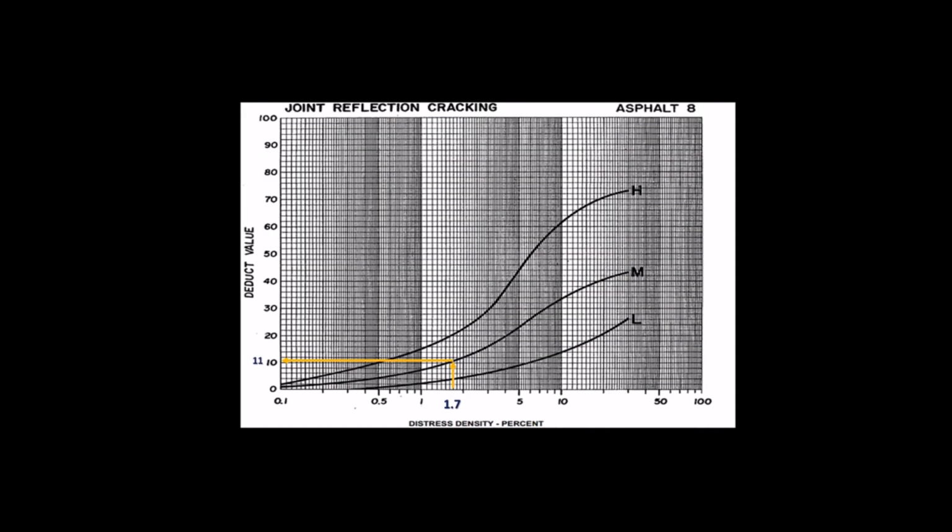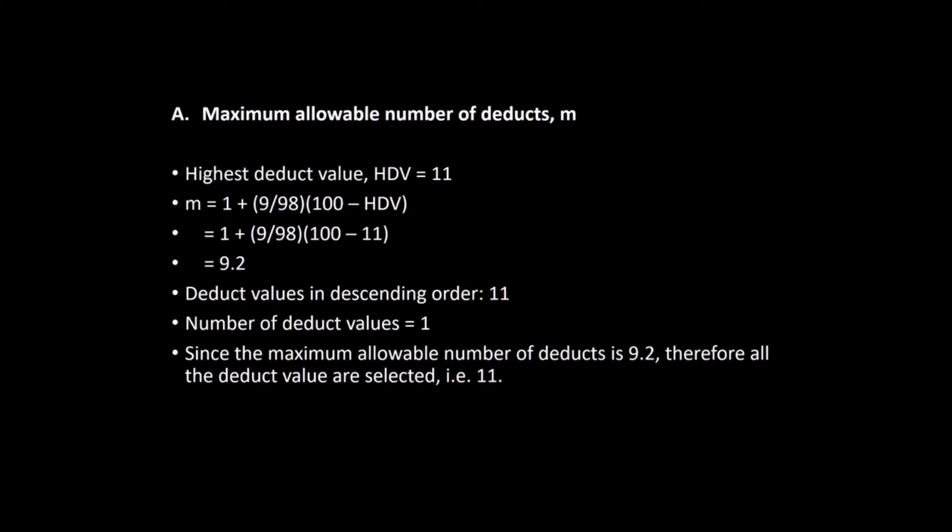From the table, we get a deduct value equal to 11. After that, we have to find the maximum allowable number of deducts, m. The highest deduct value we get from the table is 11, and then m equals 9.2.